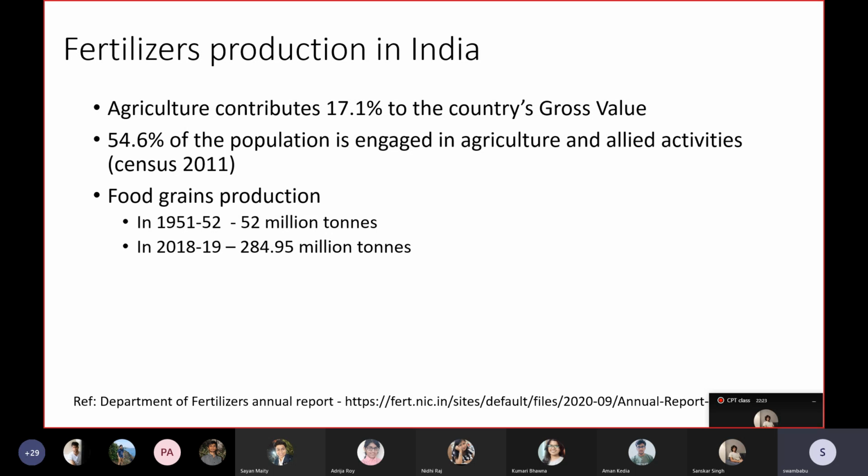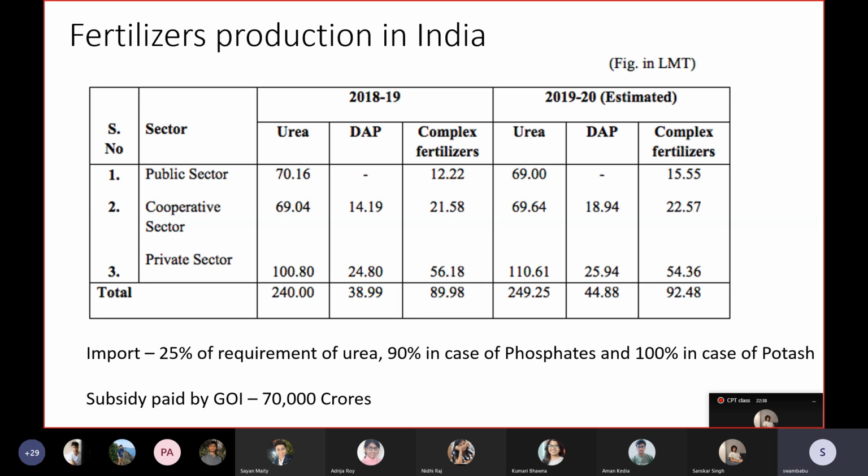The government closed some of these industries almost 15 years back, but again they started functioning because the need for production of fertilizer is increasing. So, what are the fertilizers produced in India? At least to give you a quick idea.